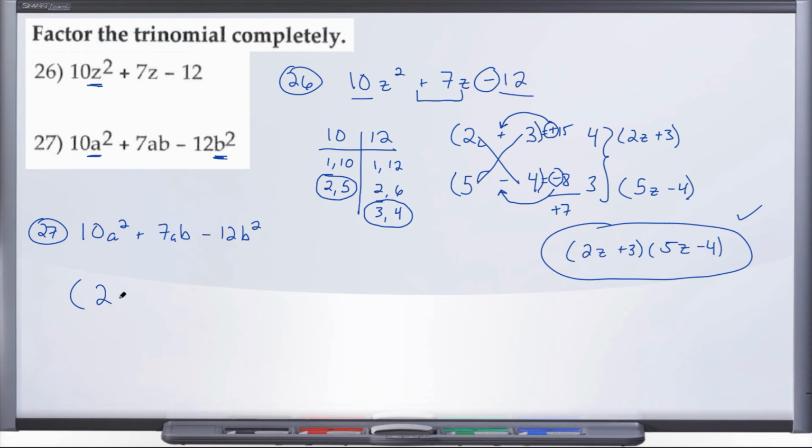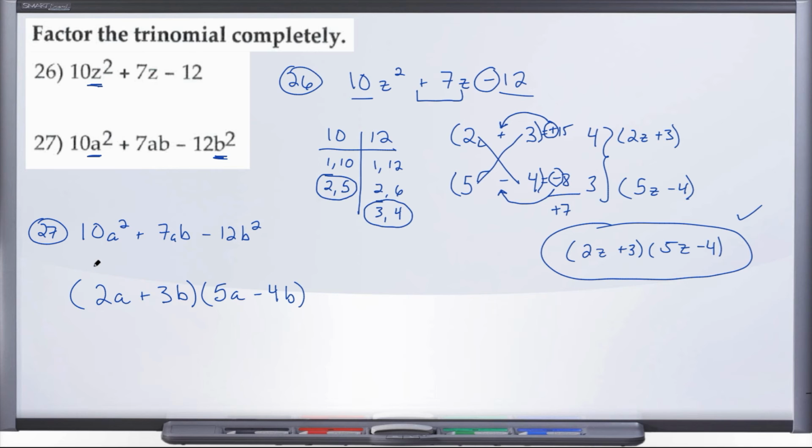So this is going to factor into 2z plus 3, oh, excuse me, not z, 2a, because that's the leading variable we're working with, plus 3, and now what's the ending variable? B. And 5z minus 4 is now going to become 5a minus 4b.